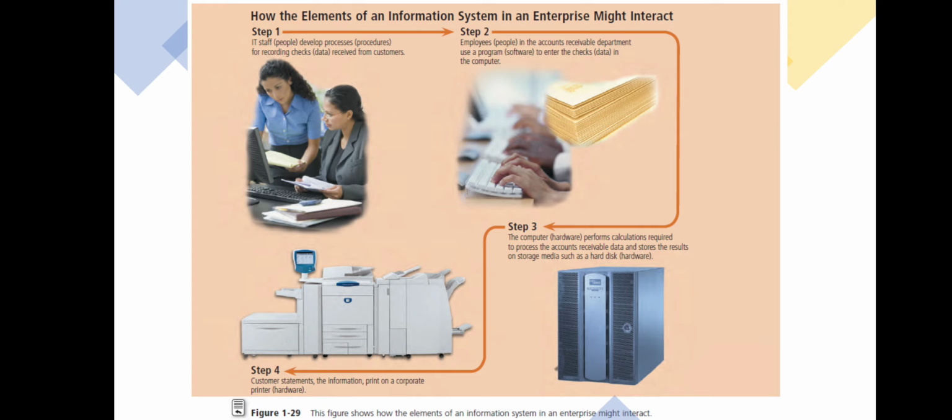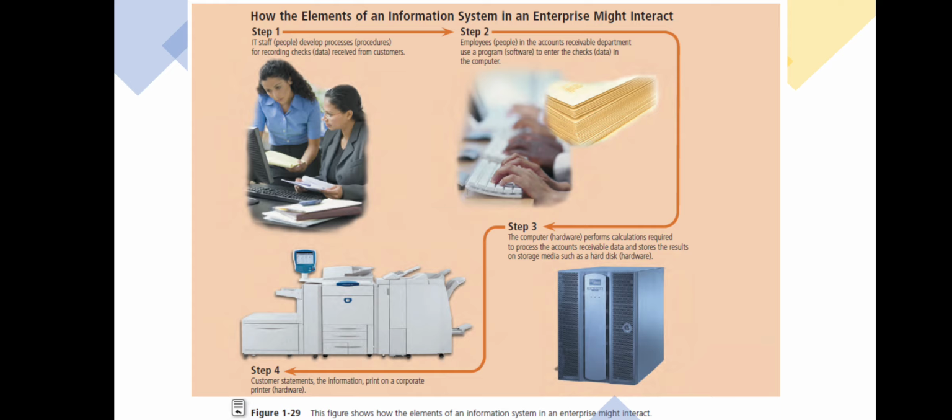And lastly, if the customer or the employee would like to print the statements or the information, that will be through the usage of a certain hardware. So these five are part of the generation of information in the information system.